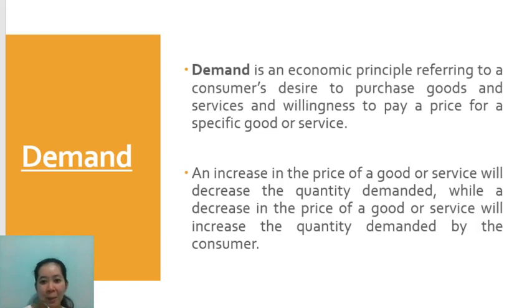So an increase in the price of the good or service will decrease the quantity demanded. Of course, as mentioned in our first module, we've discussed part of the law of supply and demand. Okay? So given the same level of income, for example, income is 10,000, with that level they are able to buy that much.